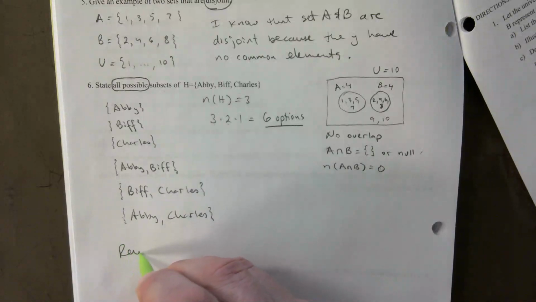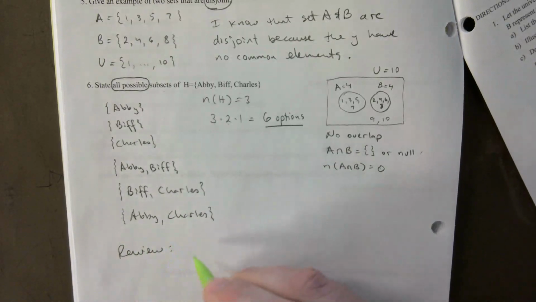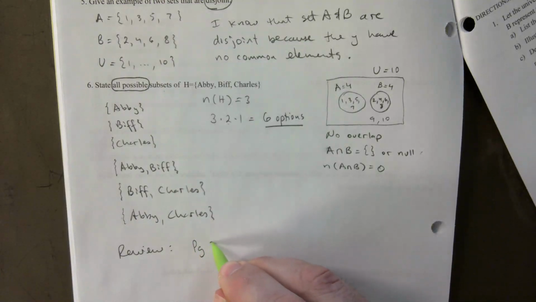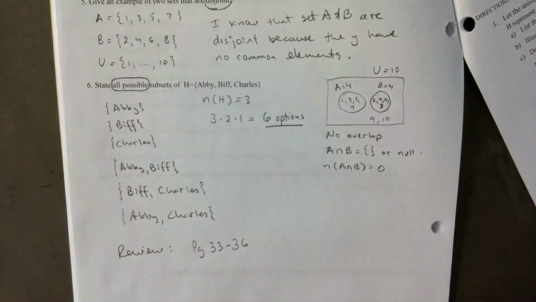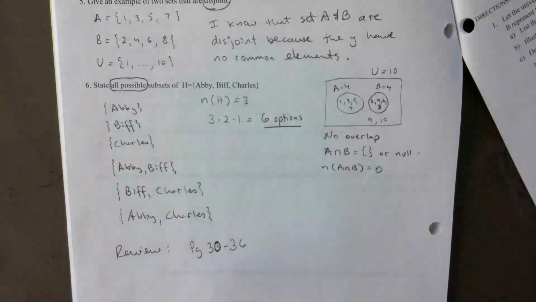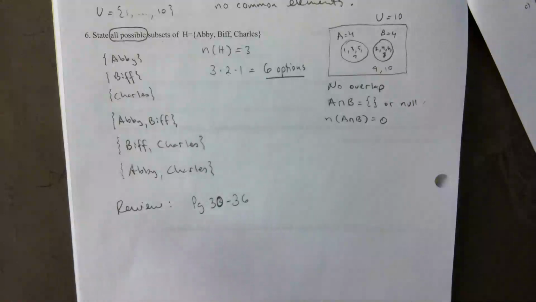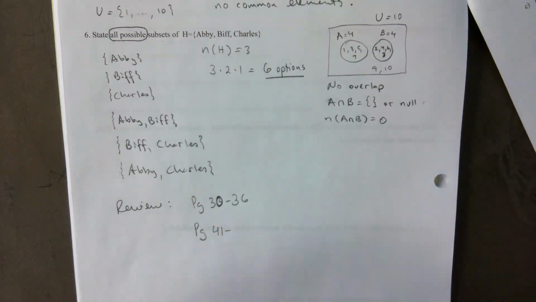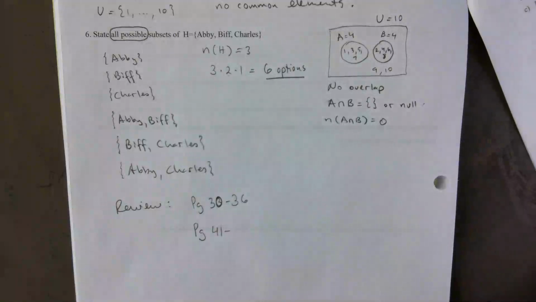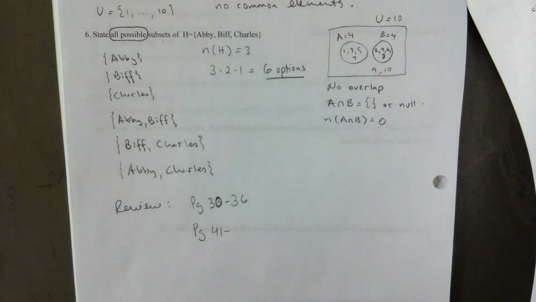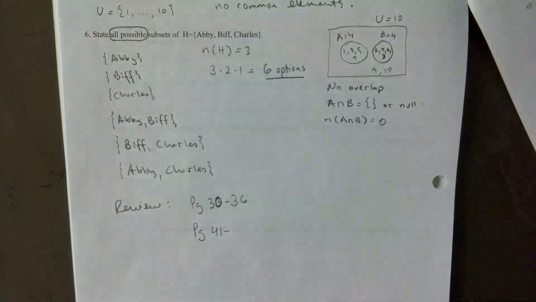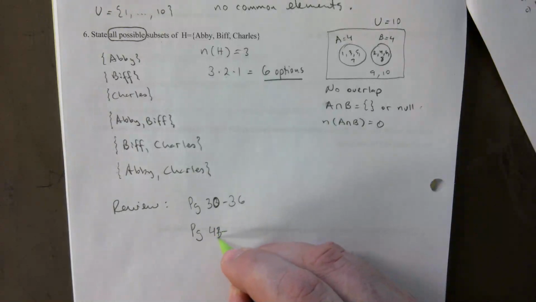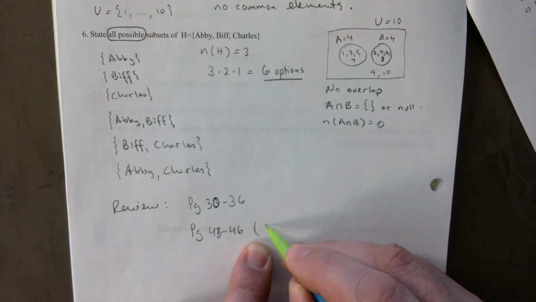So to review, I like pages 33 to 36. Was it 30 to 36? Let me check real quick. It started on page 30, sorry. But then there's a bunch of things there. So if you haven't done those, please do them. Page 41, I remember sending you there almost right away. Oh, I was off. 43 to 46, sorry. 43 to 46, they are trickier ones.